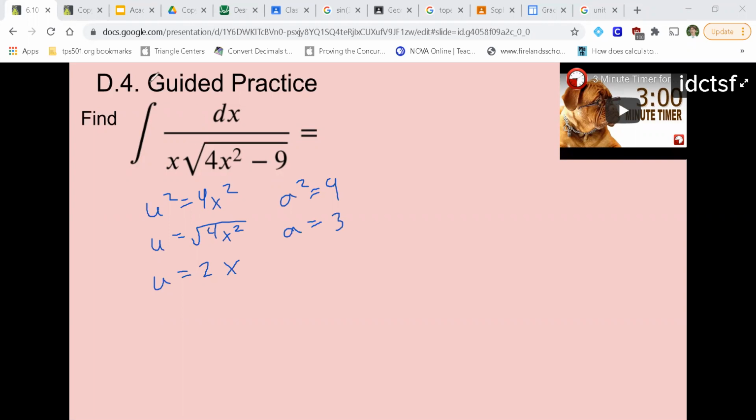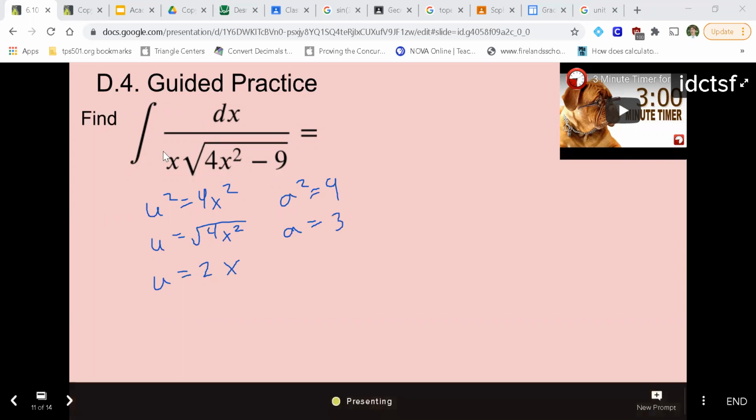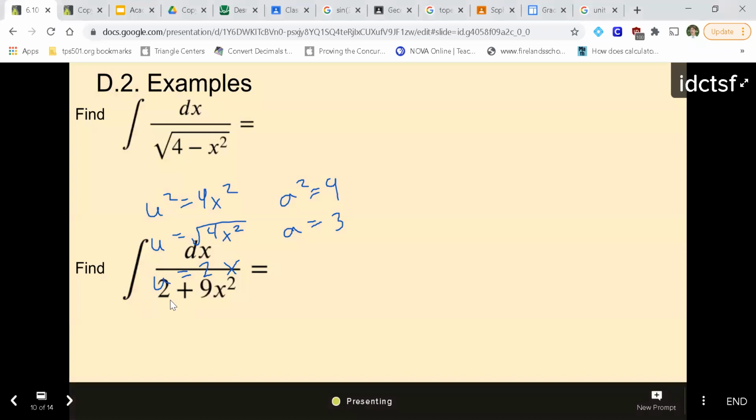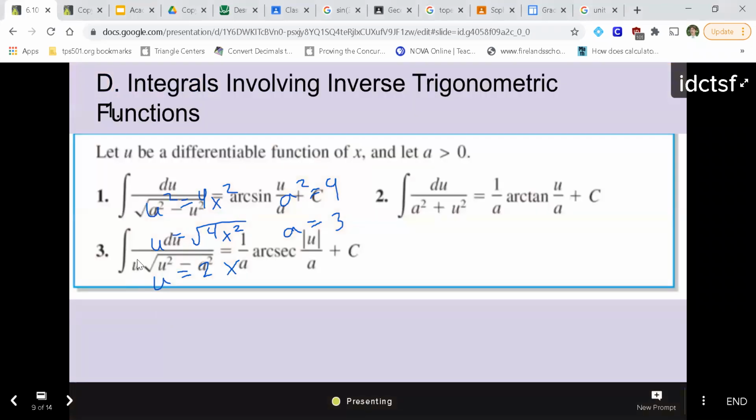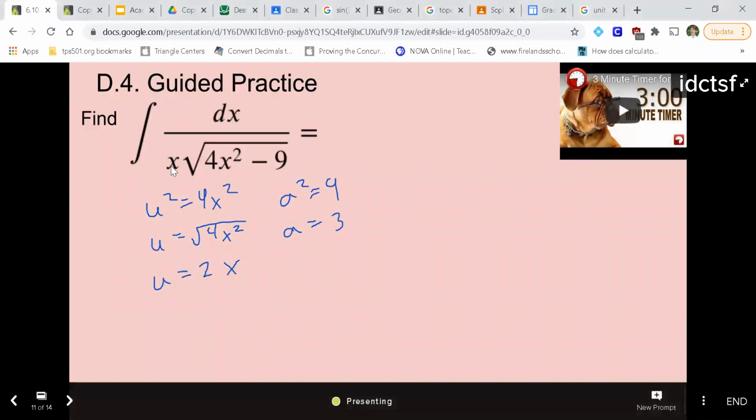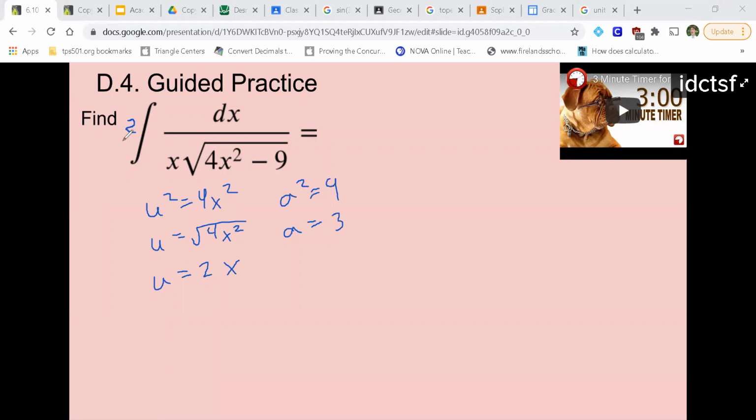Now we do have a problem here that we didn't have in the previous ones. In the formula, there's supposed to be a 2x, a u right here as well. But I do not have a 2x right here. But I can fix that if I multiply this by 2 over 2.